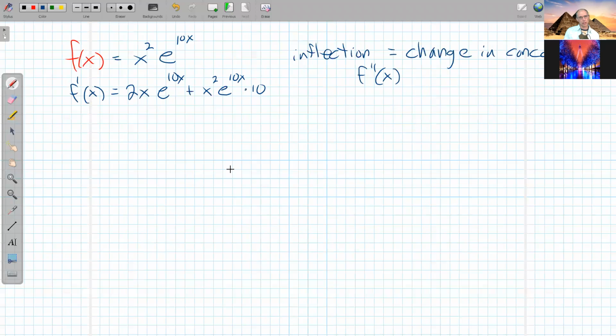I'm not sure if cleaning it up helps us at all. Let's see, we could factor out a 2x e to the 10x. And then that leaves us, we took all of that. I guess that helps a little bit. And then here we would have a 5x left behind.